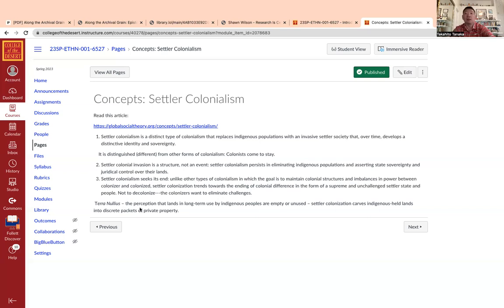justifying the settler colonial state. The settler colonizer carves indigenous held lands into discrete packets of private property. So it becomes open land anyone can take, and therefore staking a claim on it, even though that's fundamentally different from how indigenous folks really viewed their land.